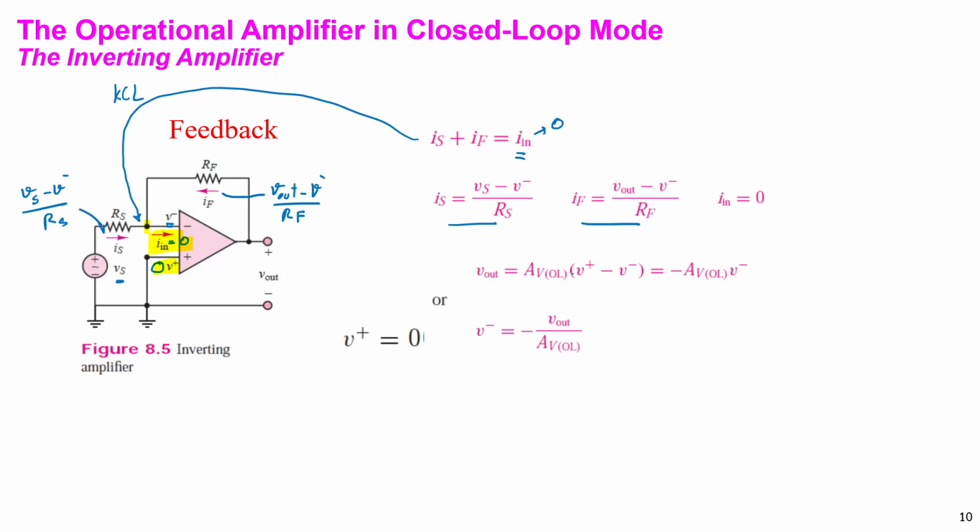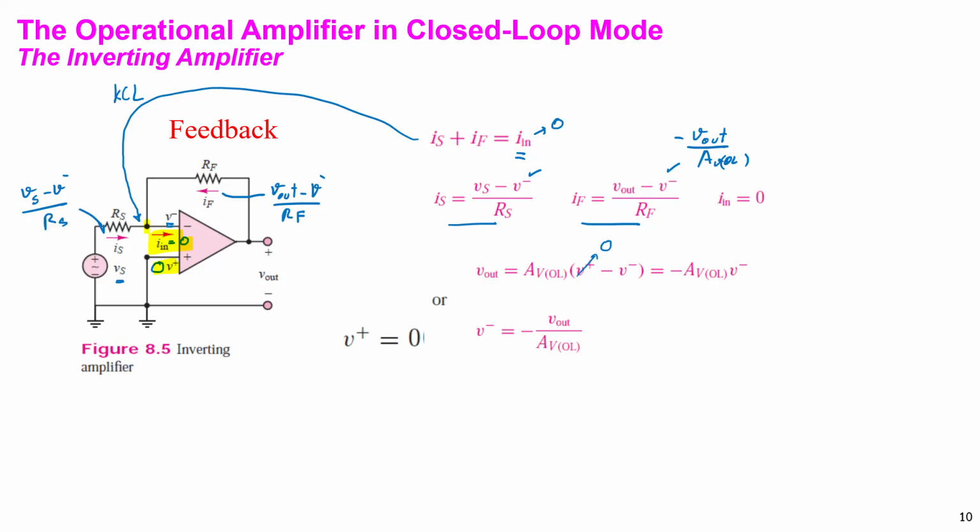And V positive is 0. So V_out is minus A open loop times V negative, and therefore V negative is minus V_out divided by the open loop gain.